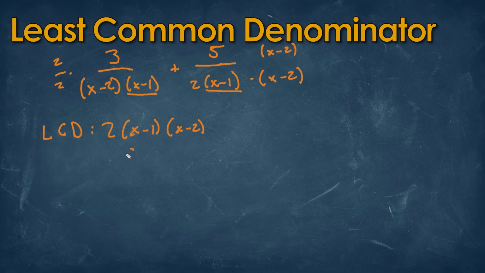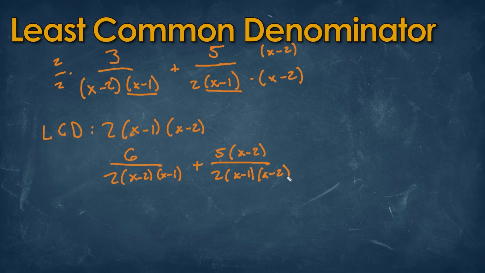When we do that, we're going to get 6 over 2 times x minus 2 times x minus 1 plus 5 times x minus 2 over 2 times x minus 1 times x minus 2. Now that those denominators are the same values, we can add just the two top values together.